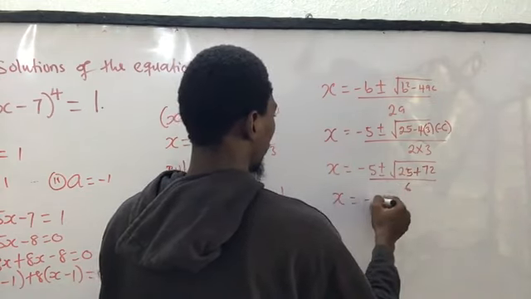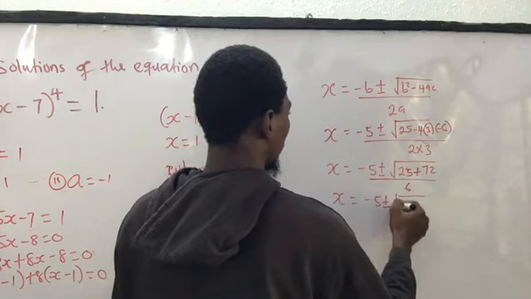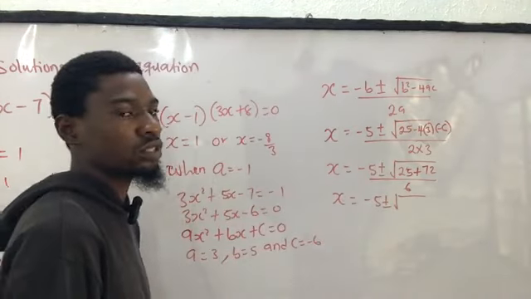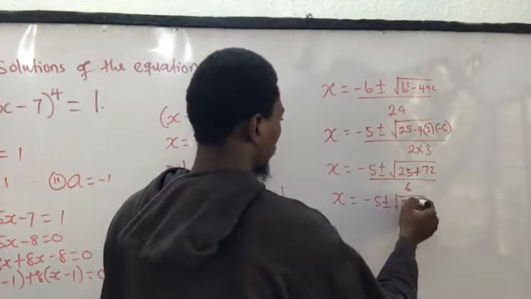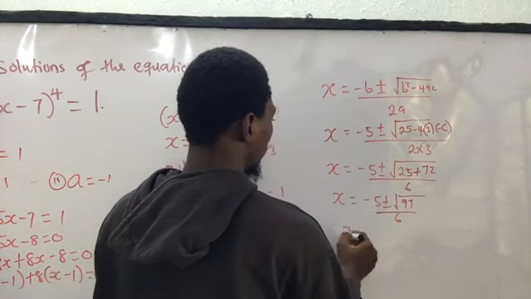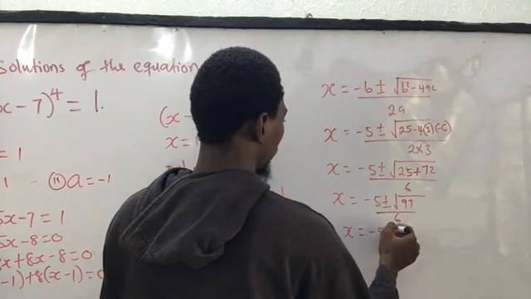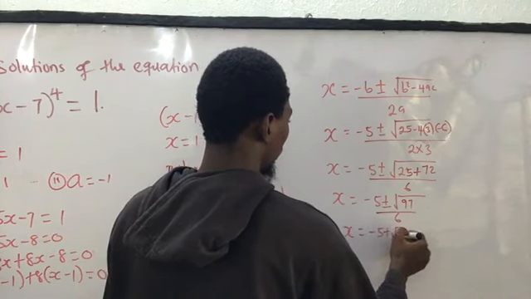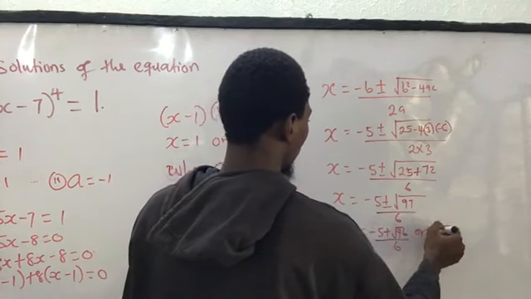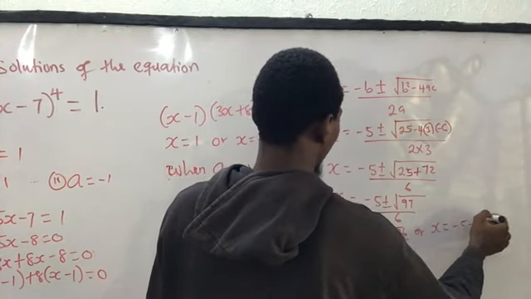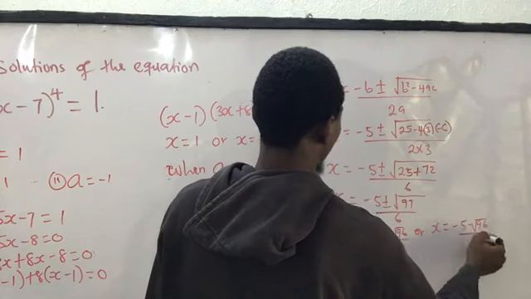So x is minus 5 plus or minus root of 25 plus 72, that will give us 97, then over 6. So x is minus 5 plus root 97 over 6, or x is minus 5 minus root 97 over 6.